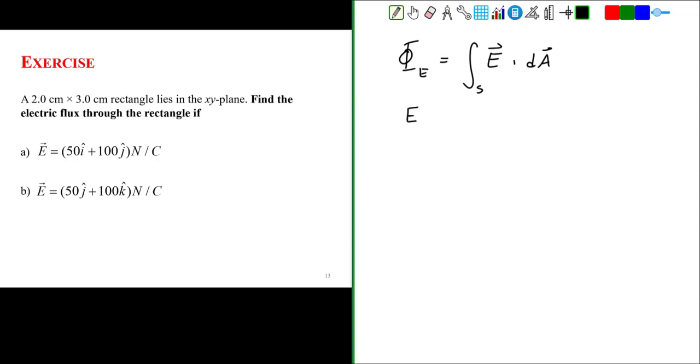The electric field has a constant x component and a constant y component. The area vector is in the z direction. So if we take a tiny bit of area, that tiny bit of area will also be in the z direction.